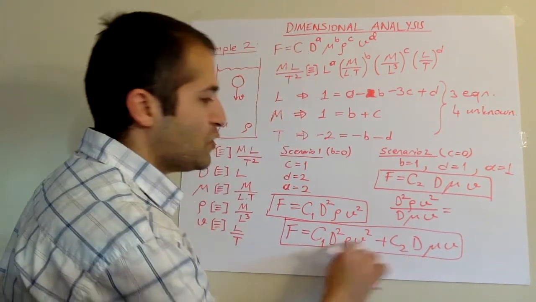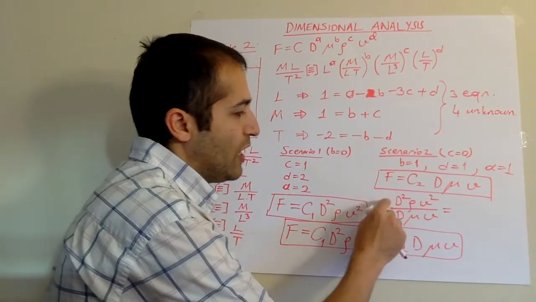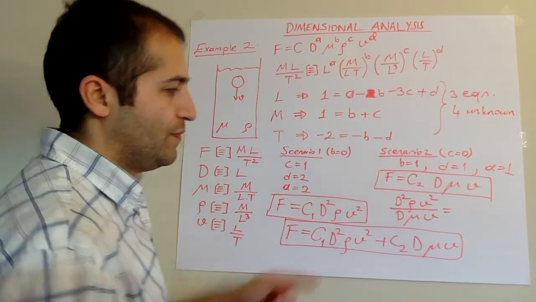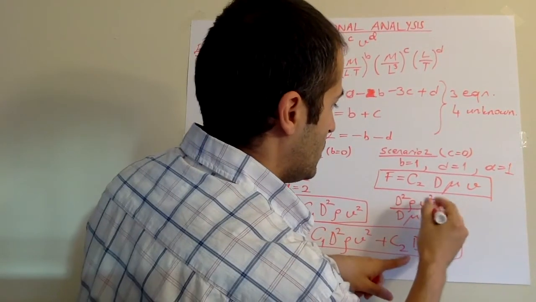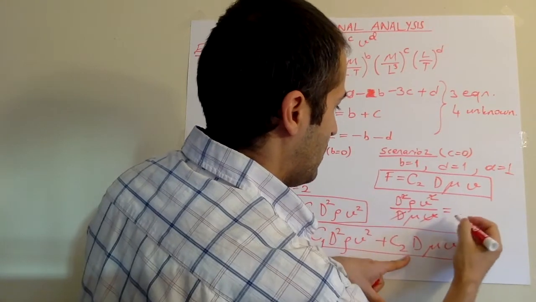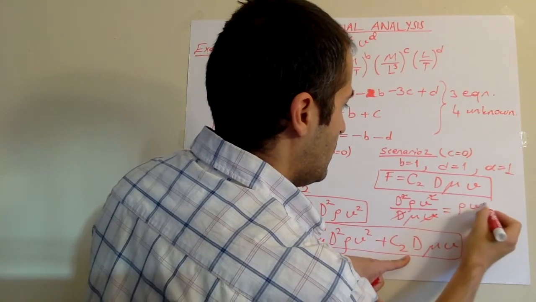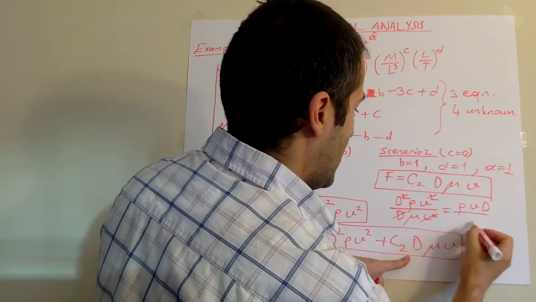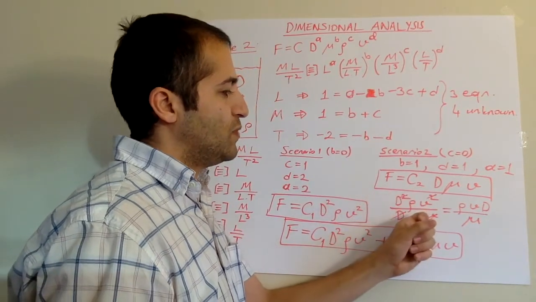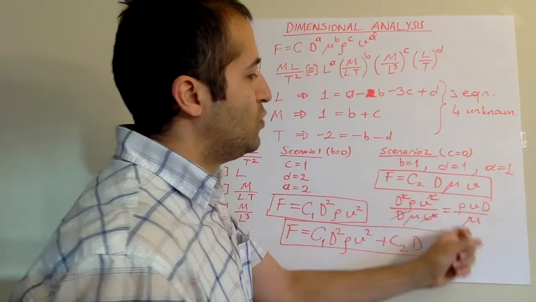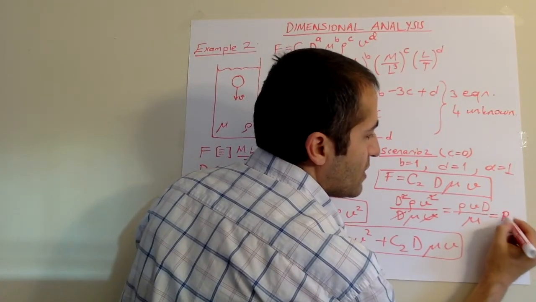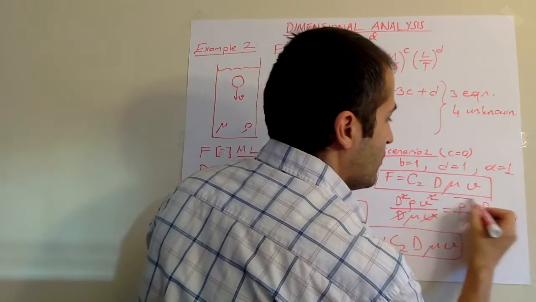So depending on which one is larger, you're going to have an idea about whose contribution is going to be larger in this equation. If you make the algebra, one of the v's cancel, one of the d's cancel, and you come up with the following formula: rho v d divided by mu. This is dimensionless because this was in units of force, this was in units of force, so this should be unitless, and this unitless number has a name, and it's called the Reynolds number. It's abbreviated as Re.